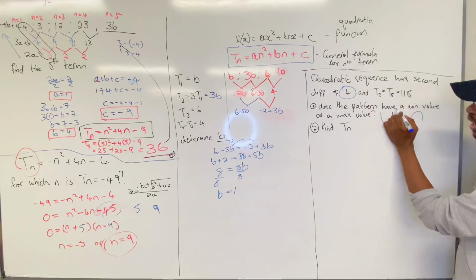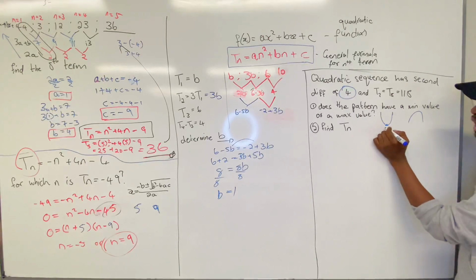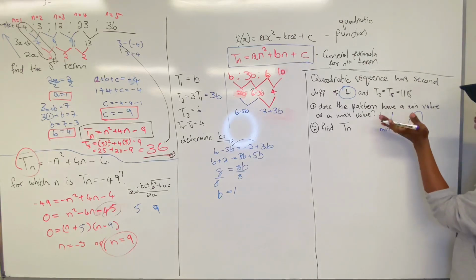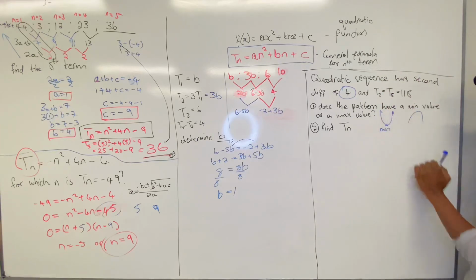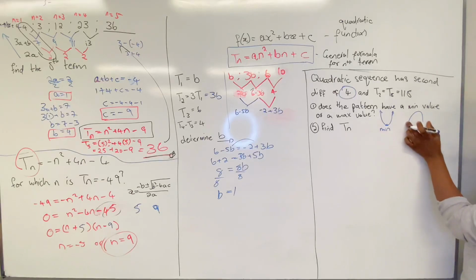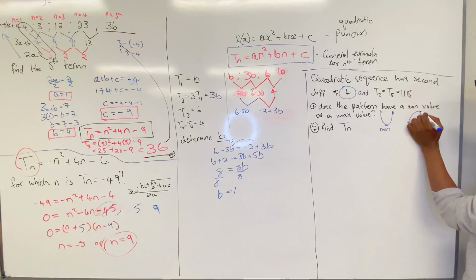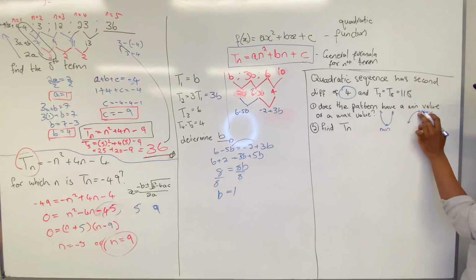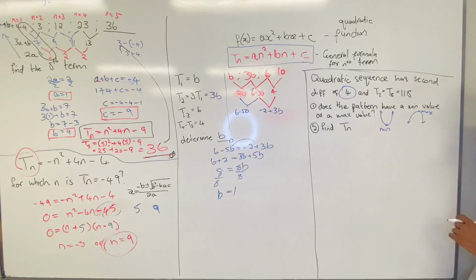If it's concave up, then this value here will be our minimum value, because it will be the smallest value, and then your graph will go up and up and up and never come back down. But if it's concave down, your graph will go down, down, down from whatever maximum value. This will be the highest point of the graph, and then it will go back that way, which is concave down, which means you'll have a maximum value.